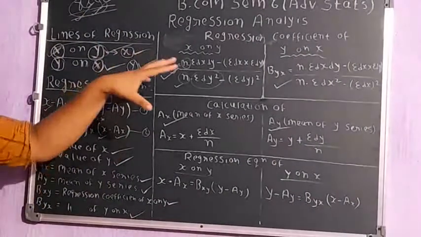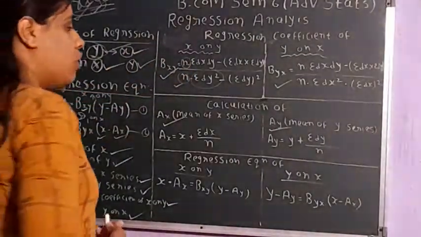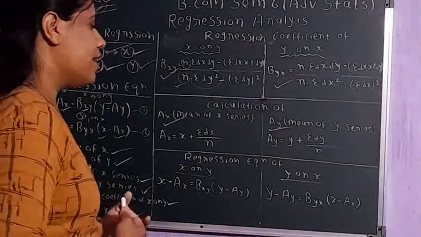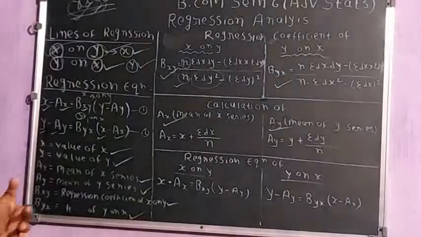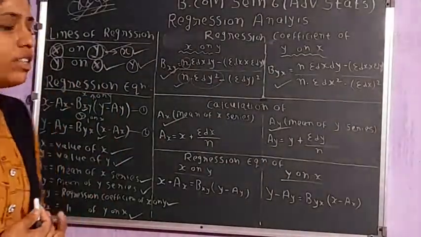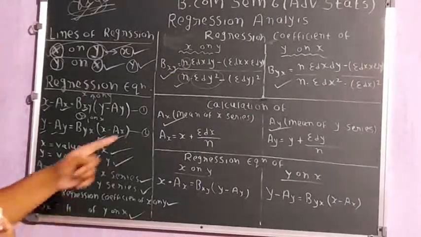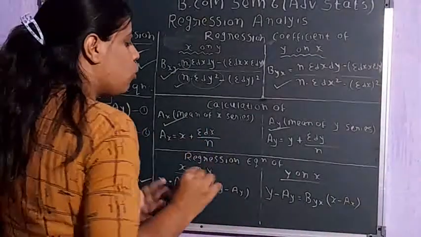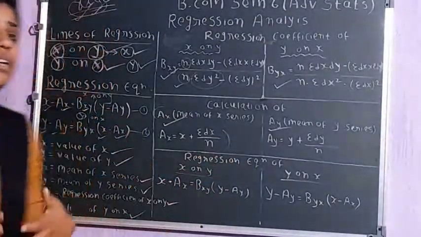So this way we can calculate the regression coefficient for the line x on y by using this formula. Then what is the other thing that we need for the regression equation of x on y? It is the mean of the x series. How do we calculate the mean of the x series?